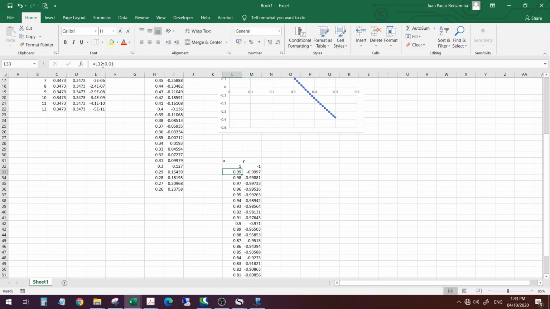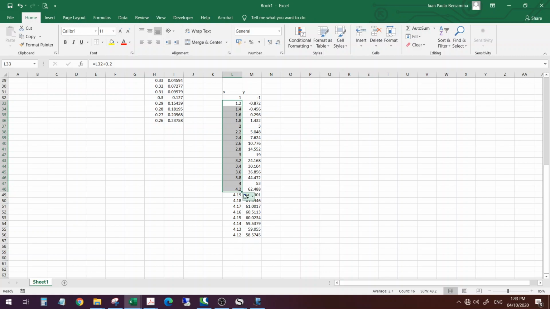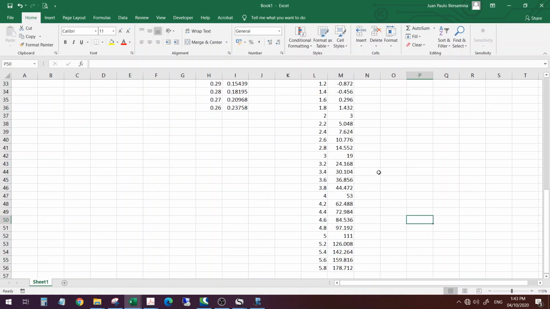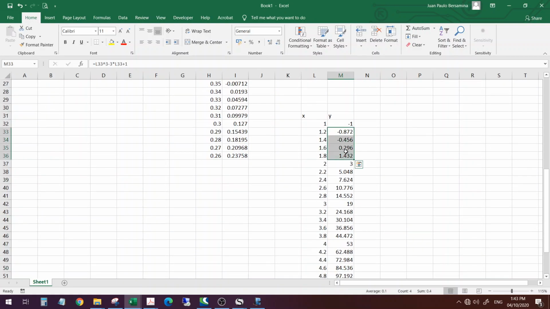What is this value? So say 0.2, say plus. Here we don't see a lot of change in sign, only here.